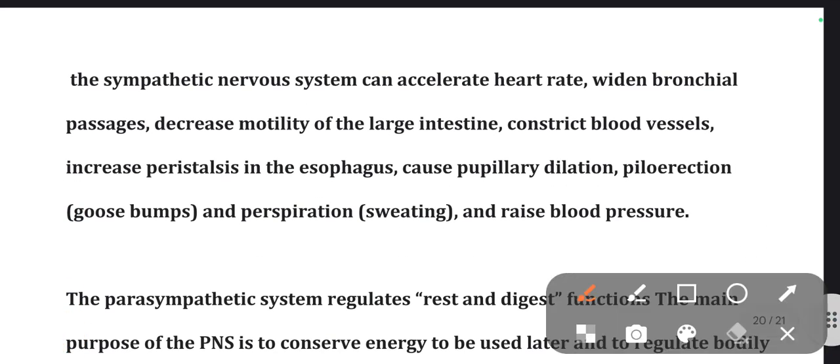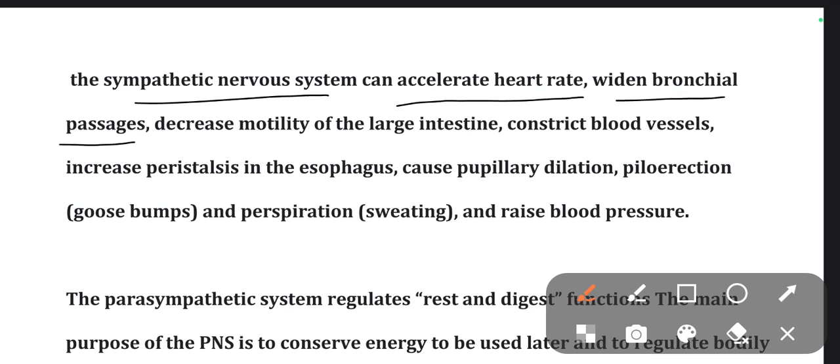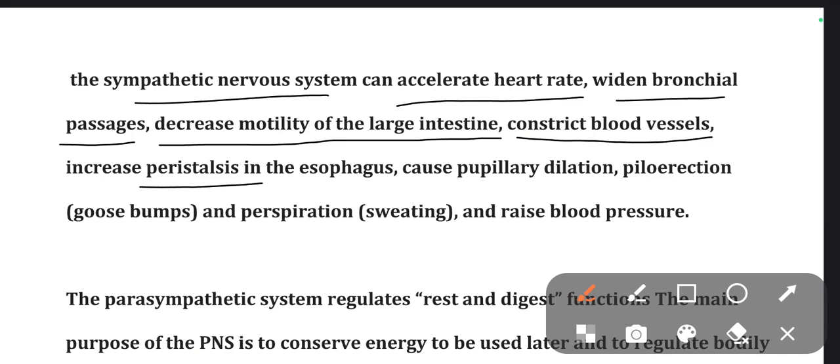Then the sympathetic nervous system can accelerate the heart rate, widen the bronchial passages, decrease the motility of the large intestine, constrict the blood vessels, and increase peristalsis. Peristalsis is nothing but intestinal movements in the esophagus.